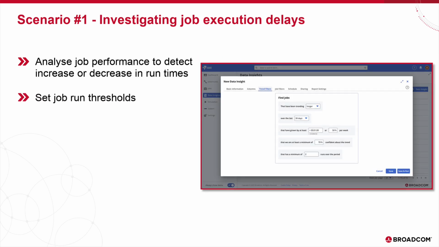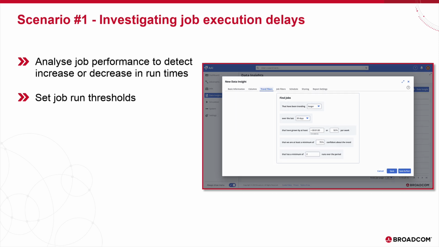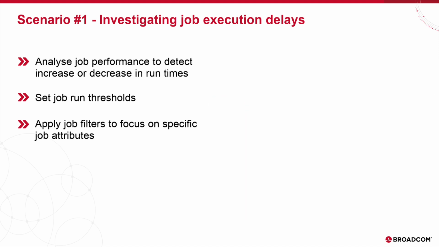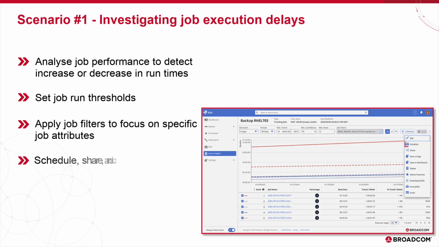Set job run thresholds such as trend per week, confidence, and minimum runs to focus on deviations. You can apply job filters to focus on specific job attributes. And as with other data insights in AI, you can schedule and share the data insight and customize your report settings. Now, let's take a look at another scenario.